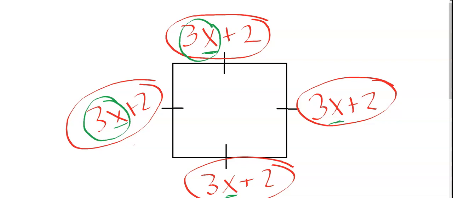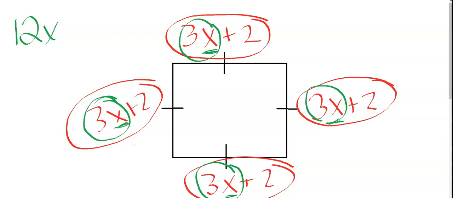So x could be anything. But since there's an x here and an x here, I can say, okay, well, 3x plus 3x plus 3x. I can add all of these 3x's together, and that's going to give me 12x total. 3 plus 3 plus 3 plus 3 is going to be 12x.